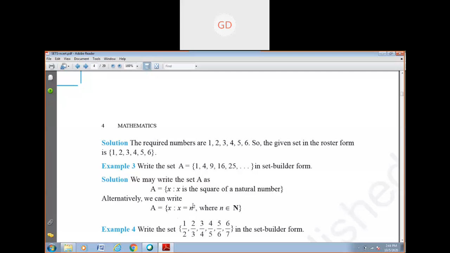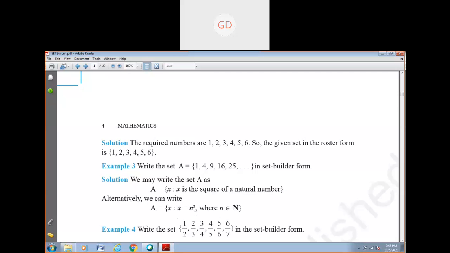You put the natural numbers here in place of n, you will get all the elements. If you put n equal to 1, x equal to 1; n equal to 2, x equal to 4; n equal to 3, x equal to 9. So 1, 4, 9, 16, all these elements of the given set will be represented by this set.